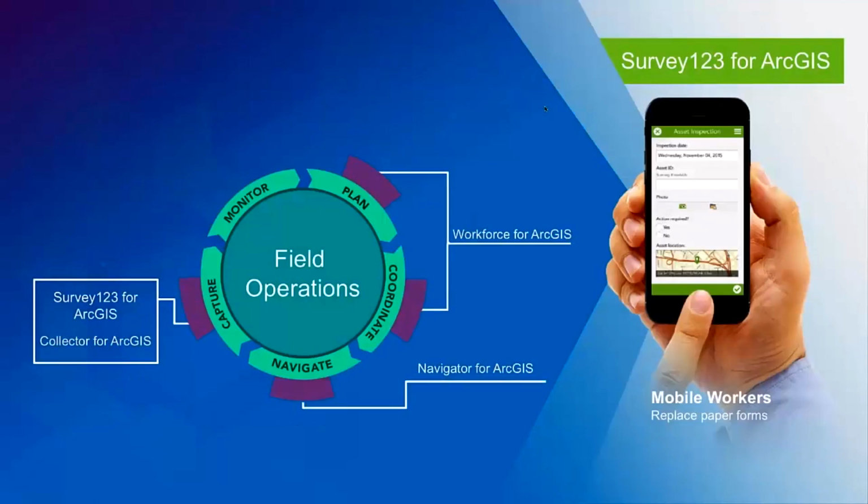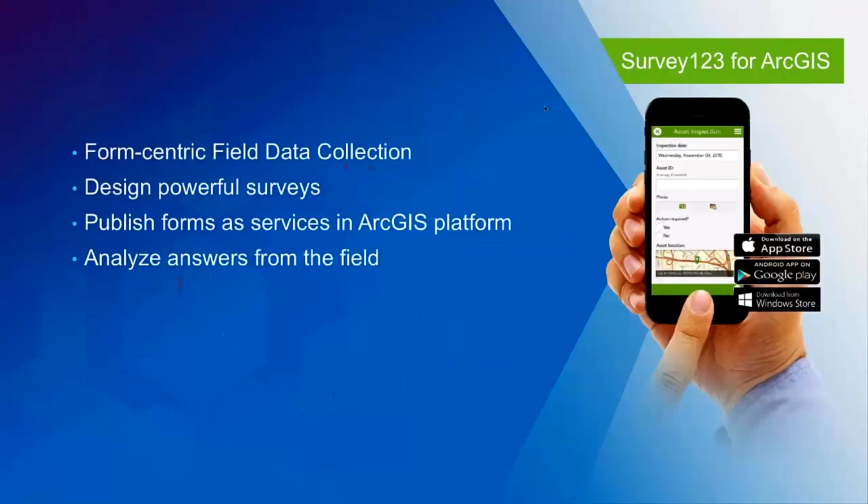Moving on from Collector, another application that we've been working on for quite some time is Survey 123 for ArcGIS. And Survey 123 takes a slightly different approach to field data capture.